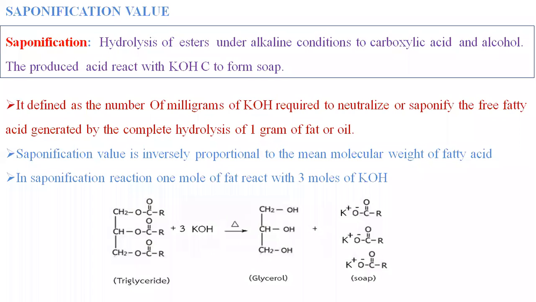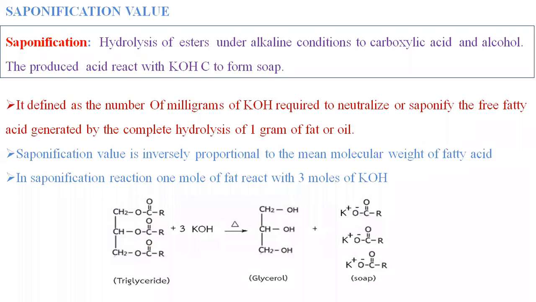So the exact definition of saponification value is the number of milligrams of KOH required to neutralize or saponify the free fatty acids or carboxylic acids generated by the complete hydrolysis of 1 gram of fat or oil.